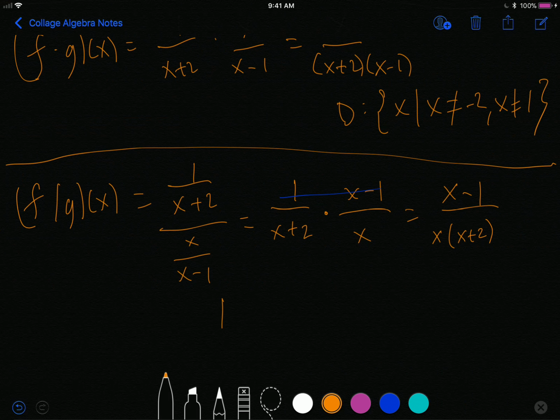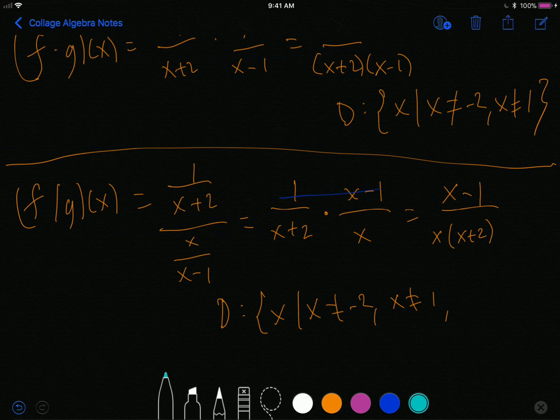And so your domain would be the same: x such that x cannot be equal to negative 2 and x cannot be equal to 1. But now, you notice right here, I have an extra x in the denominator. And that gives us the third criteria, that x cannot be 0. As if x is 0, the denominator will be 0. And of course, that's bad. And thus ends our tale.